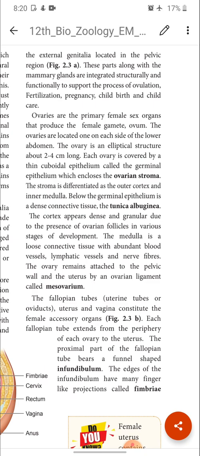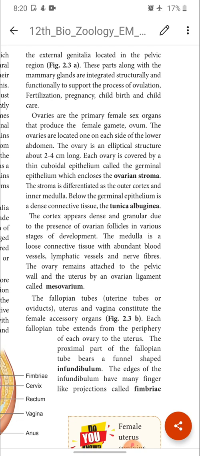So, inside the ovary, the whole structure is called stroma, and the stroma is differentiated into outer cortex and inner medulla. In the cortex region the tissue appears dense and granular. Why does the cortex appear dense and granular? It is due to the presence of ovarian follicles in various stages of development.